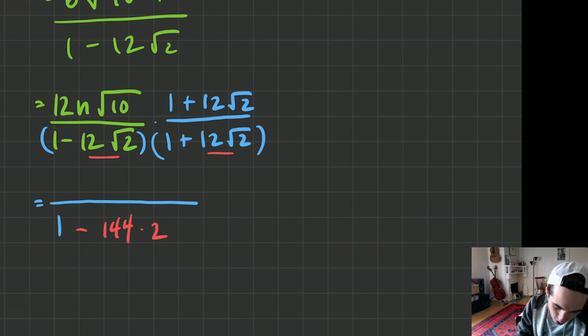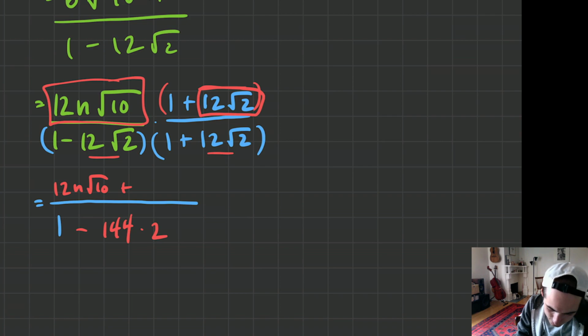So that's my denominator. For my numerator, I again have to use the distributive property. I'm going to have 1 times this whole thing, so we get 12n root 10, plus this second portion times this whole thing. That 12 times 12 is 144, so we've got 144n, and let's multiply the radicals together: 10 times 2 is 20.